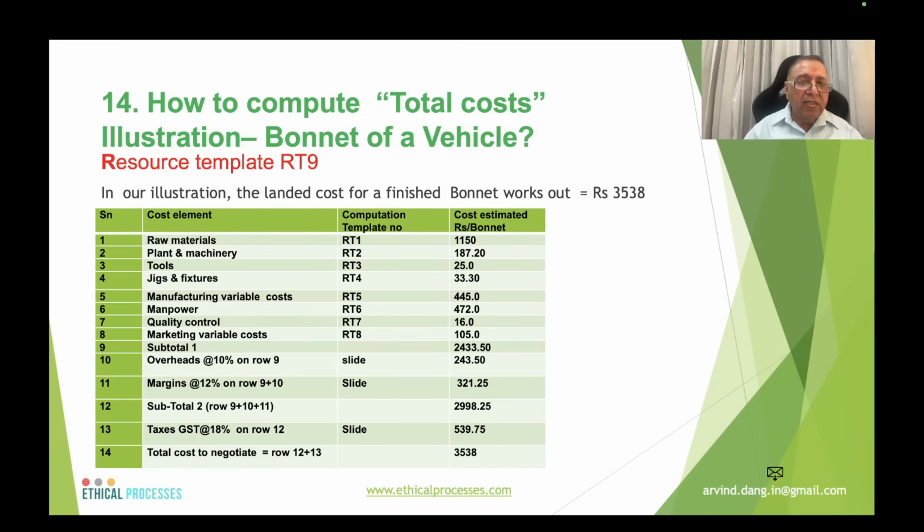And taxes at the rate of, say, assuming GST of 18% in India, is 539.75. So the total cost works out to be rupees 3538. So this template can be used in any country and for any type of currency, and a similar approach can be followed. In our case, it works out to be 3538.